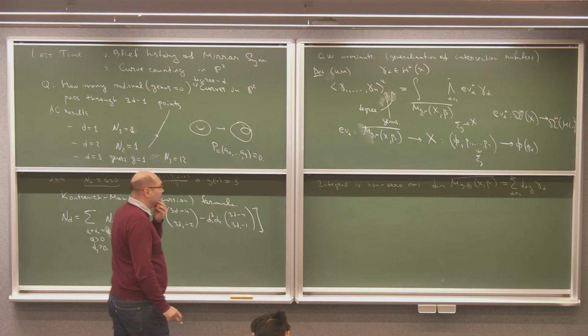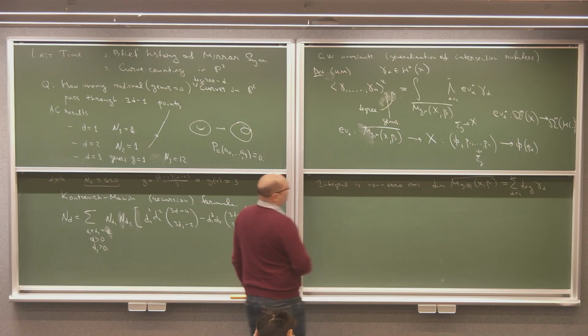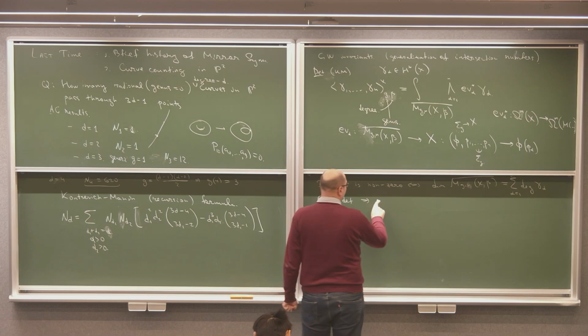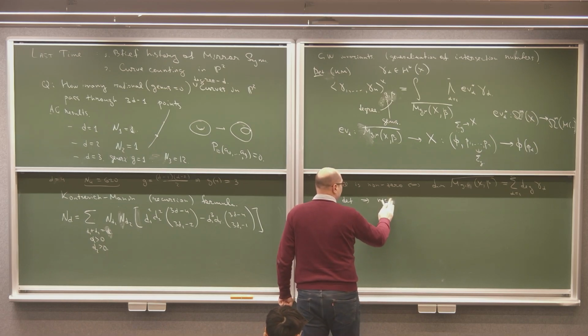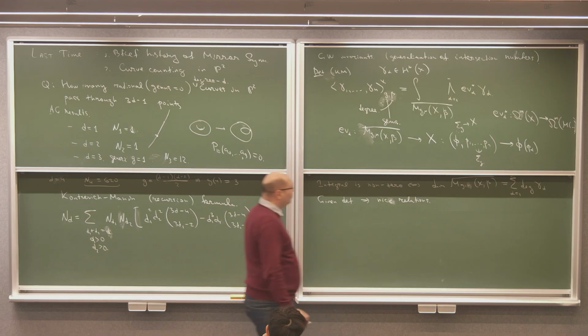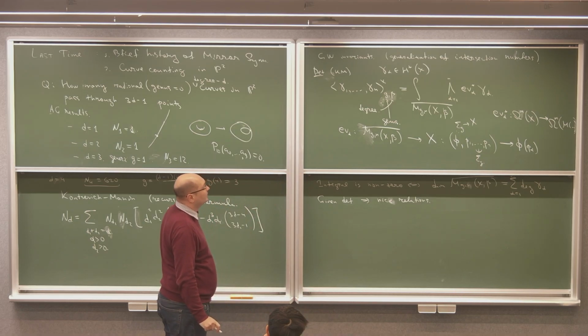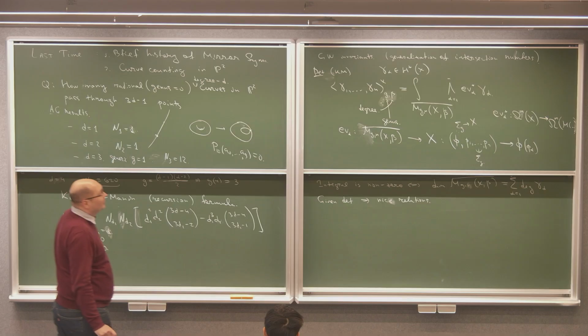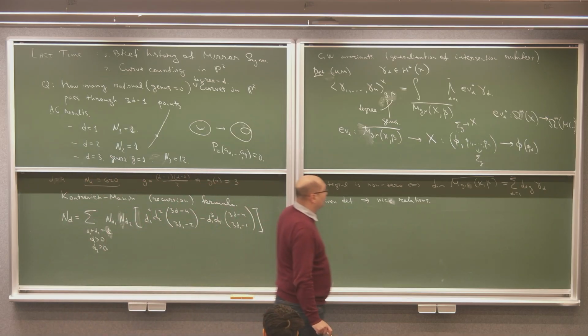However, given this definition, we can derive certain nice relations. And it turns out, is it possible that the cohomology class, I mean the product of all these evaluation star alpha i, is trivial? Yes, it is possible. So there are some Gromov-Witten invariants that vanish.